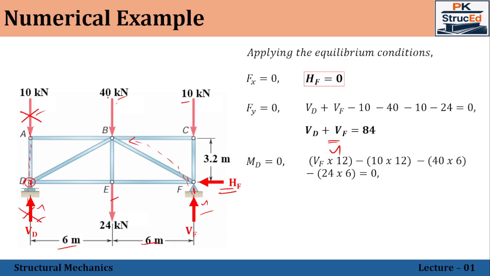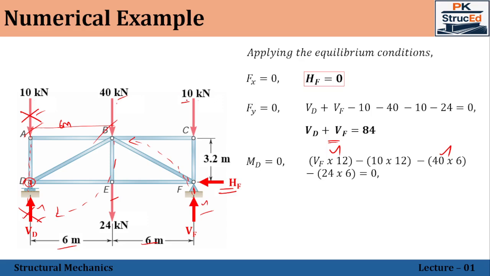Next, the 40 kilonewton force. The 40 kilonewton force is acting on the right side of the point D and it tends to rotate in the clockwise direction, so it will create a negative moment. The force is a vertical force, so we multiply with the horizontal, perpendicular distance, that is 6 meters. Therefore, it will be minus 40 into 6.